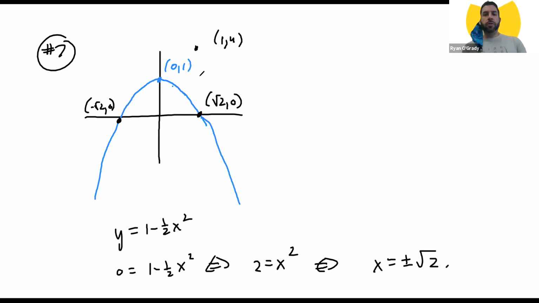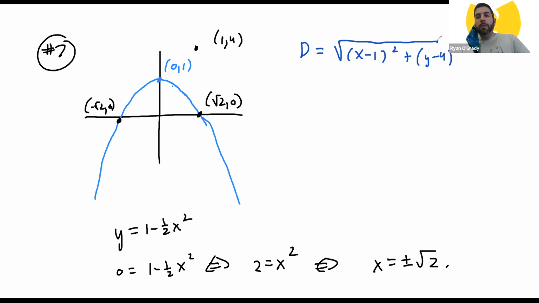So you have to use your distance function. So you know that the distance between 1, 4 and any point is this. So it's x minus 1 quantity squared plus y minus 4 quantity squared. And then we're interested in what happens when you're on this curve.